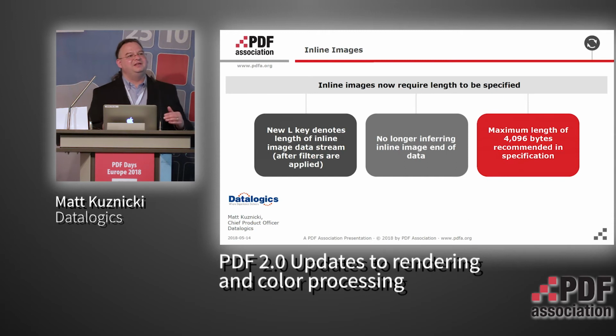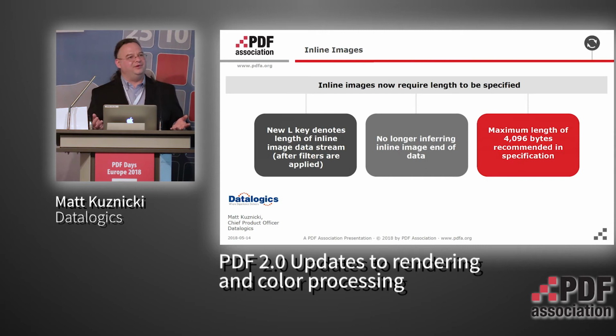Inline images have gotten something that they've needed for over 20 years now, and that is a length specification. So in PDF 2.0, you no longer have to hope that you find the correct end of your inline image somewhere. There is finally a specified length of your inline image data.